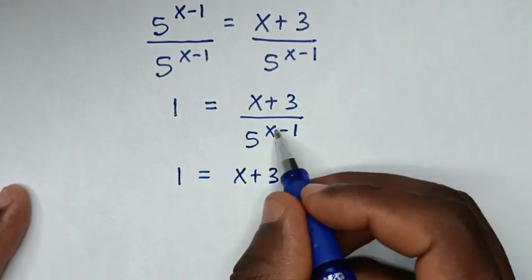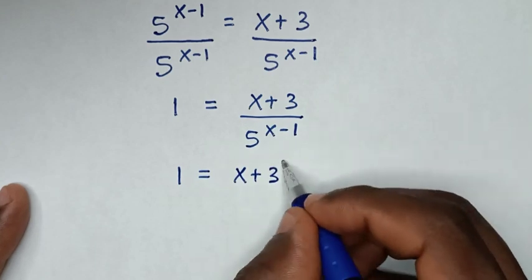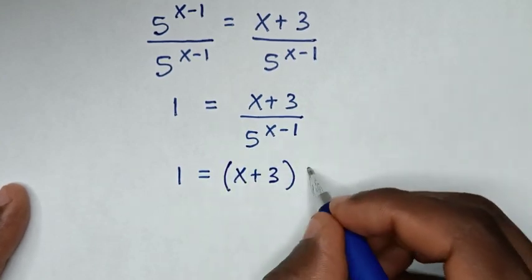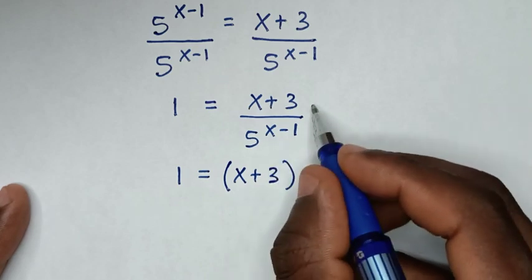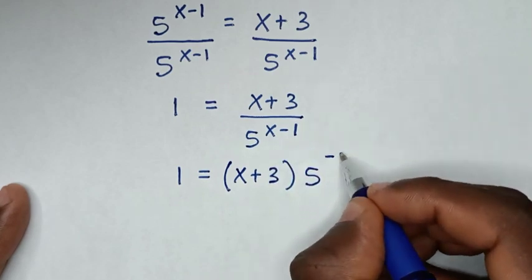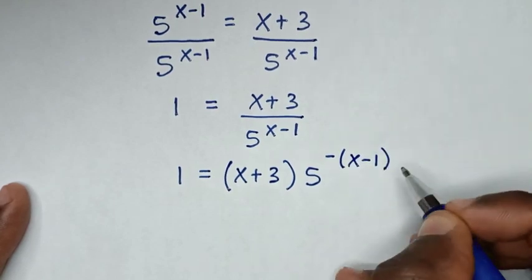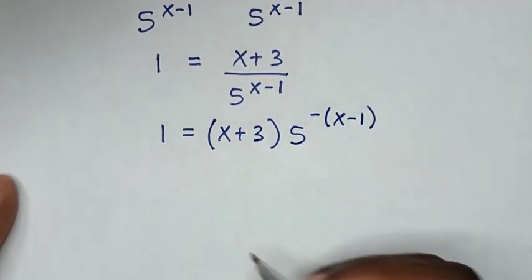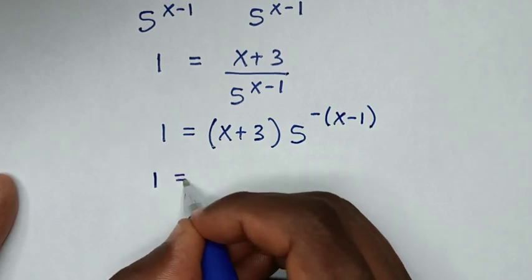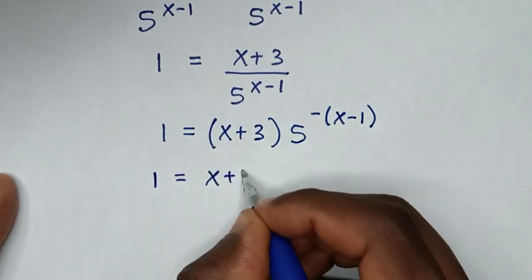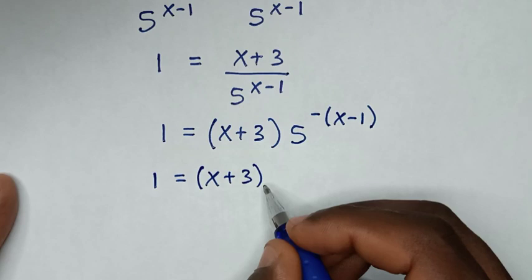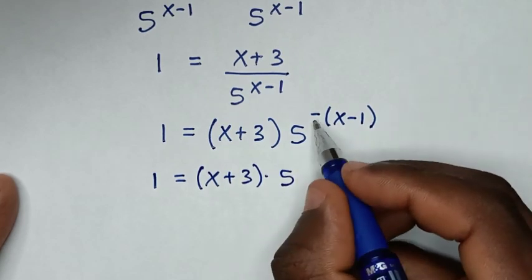Then this denominator we take into the numerator, so it will be the bracket, then 5, because when we take it into the numerator the power becomes negative, so (x − 1) becomes negative. So it will be 1 = (x + 3) times 5^(−(x−1)).